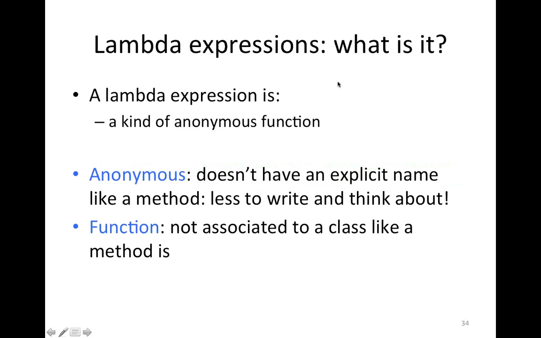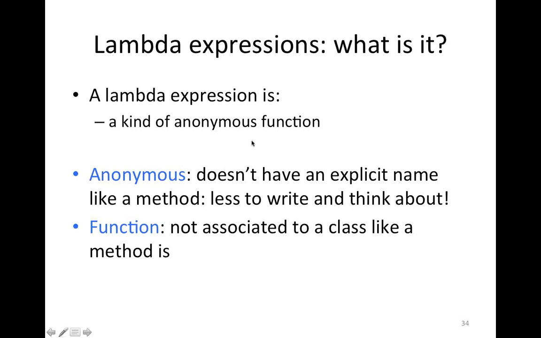I said it's a kind of anonymous function. What does anonymous mean? Well, a lambda expression doesn't have a name. Methods have a name and classes have a name. Classes that don't have a name are called anonymous classes. And, well, methods that don't have a name are called lambda expressions.